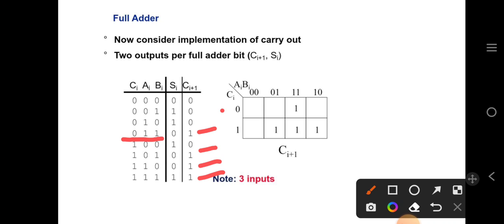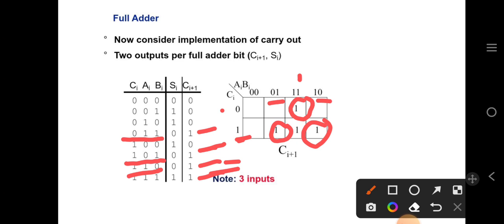The second group will be 1 0 1, which means here. The third group is 1 1 0, and the fourth group is 1 1 1. So this is the fourth group.